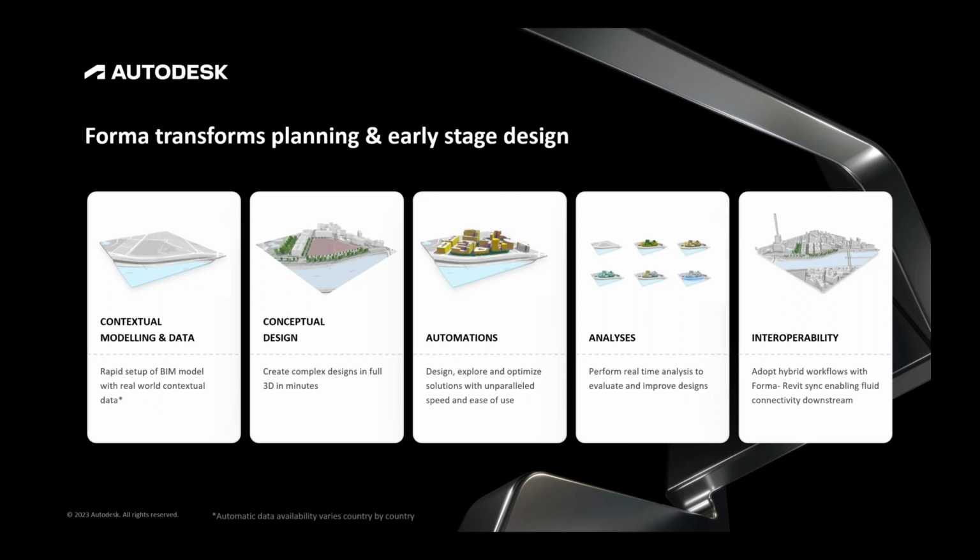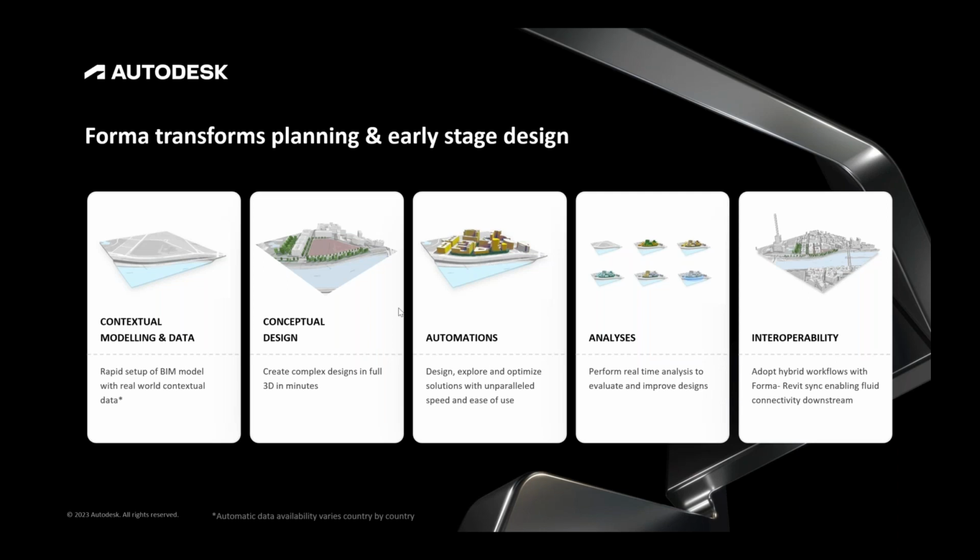For example, if you are creating a model, the first thing is we want to automate some of the tasks. How does the automation work over here? And not only that, you also have the analysis, how the real-time analysis works out. And as I mentioned earlier, the interoperability, which has the hybrid workflow to integrate Autodesk Revit and Forma seamlessly. So let us see in detail one by one.